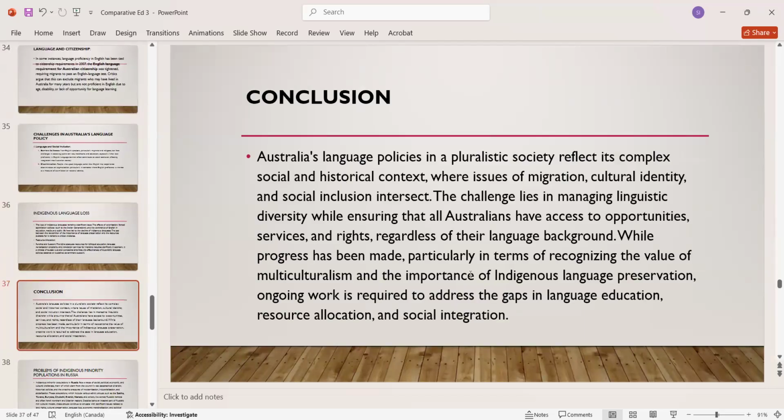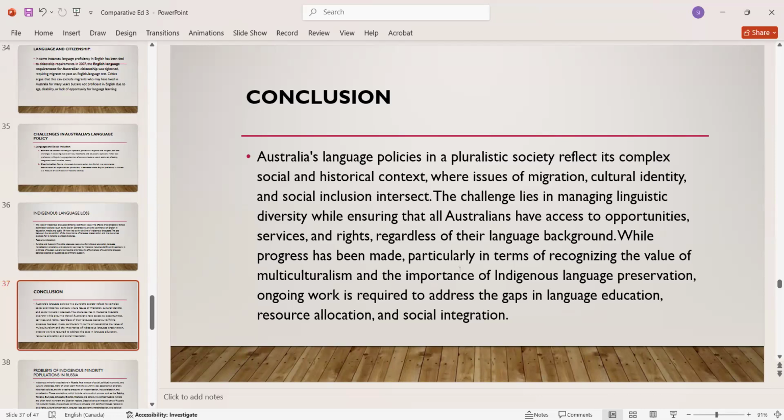So as a conclusion, Australian language policy in a pluralistic society reflects its complex social and historical context, where issues of migration, even in the US also the same migration problem, cultural identity and social inclusion intersect. The challenge lies in managing linguistic diversity while ensuring that all Australians have access to opportunities, service, and rights, regardless of their language background.